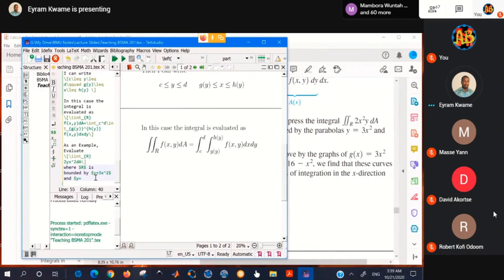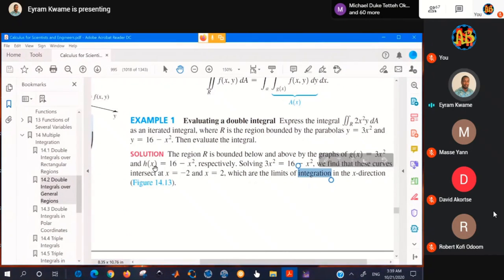I think 16 minus x squared. Just check. Yes, y is equal to 3x squared and then 16 minus x squared.